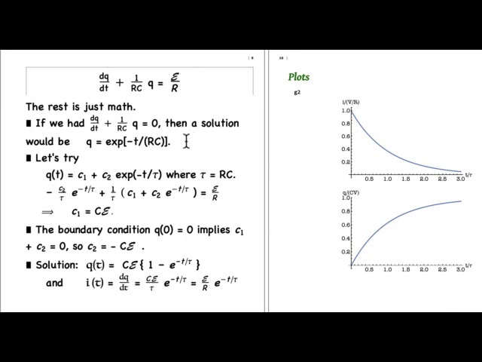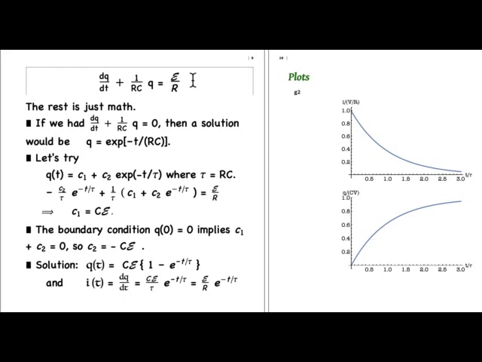But E is not equal to 0. So I have to find a solution where E is not equal to 0. Well, there's an obvious solution when E is not equal to 0. It's just a constant solution. Q equals C times E, because C times E is a constant.